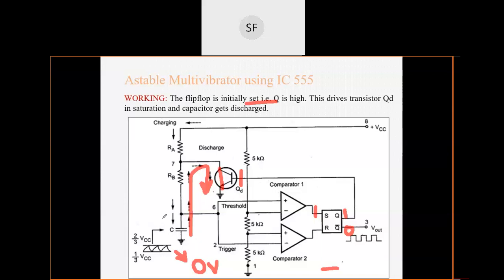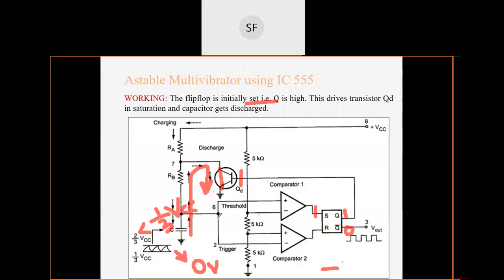One moment will come when this voltage across the capacitor becomes less than 1 by 3 VCC.